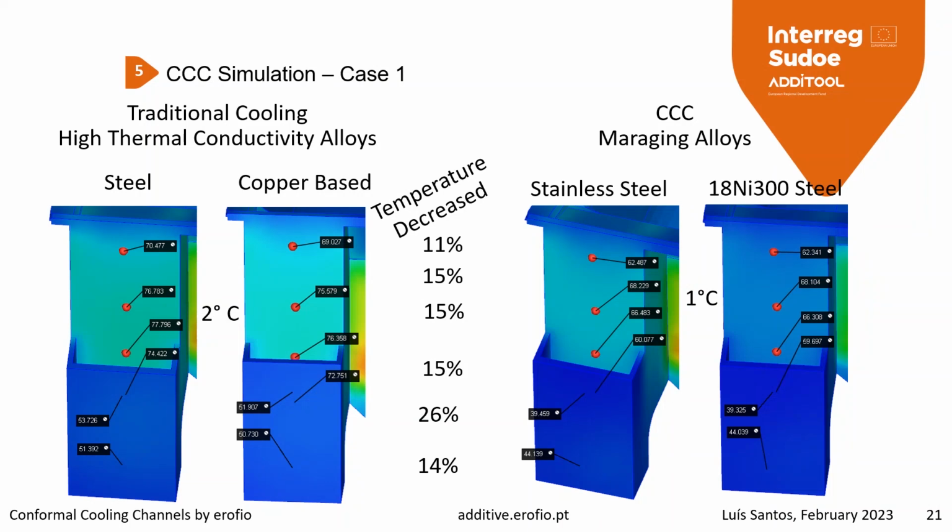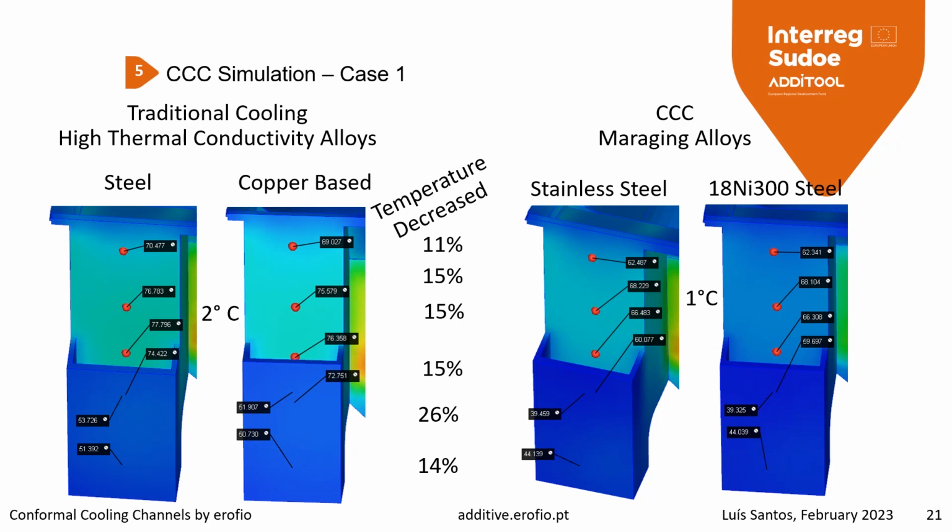This is a small corner of a full plastic part that is molded and formed by the previous insert. Between the traditional cooling cases, there is around 2 degrees Celsius difference, even with copper-based alloys.